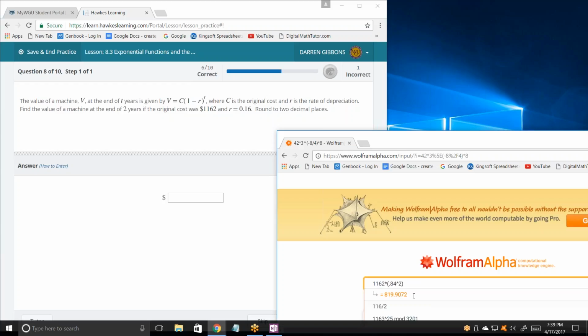And it helps if our answer is less than the original cost, because we're dealing with something that's depreciating. Okay, so if we came up with an answer that was greater than 1162, we know we did something wrong. Sure. But we appear to have come up with the answer, rounded to 2 decimal places.